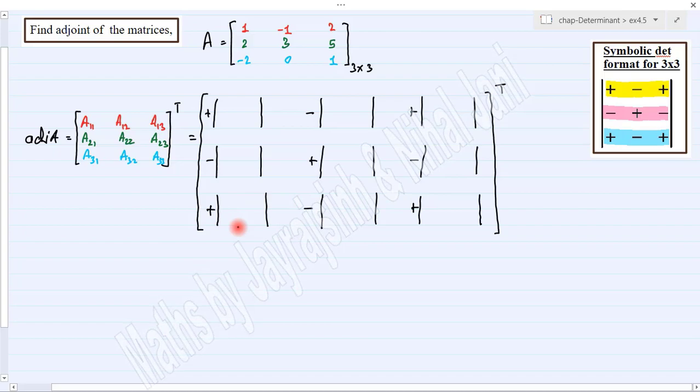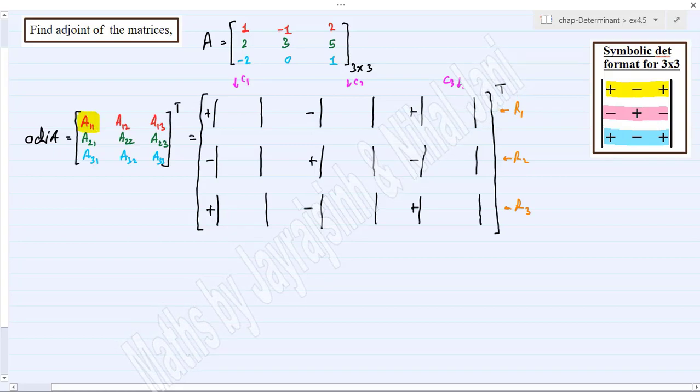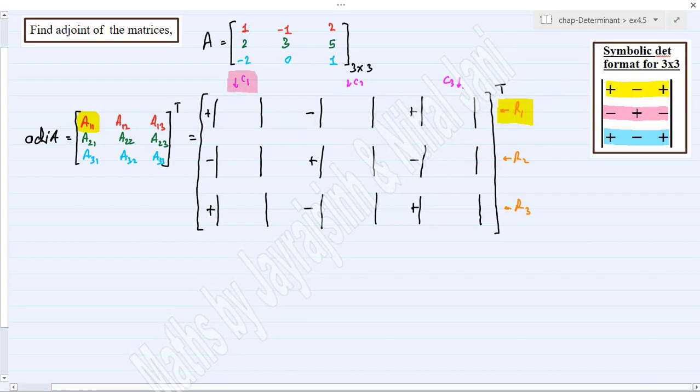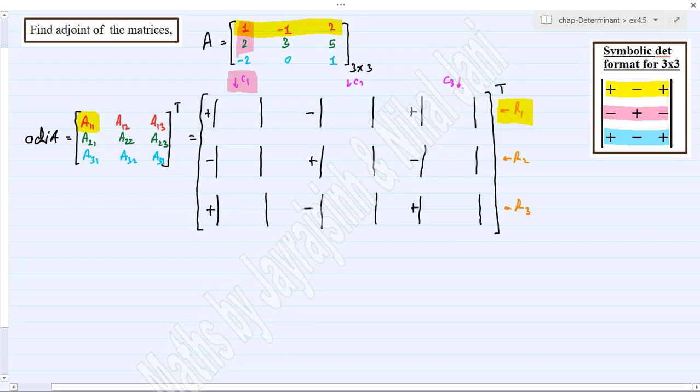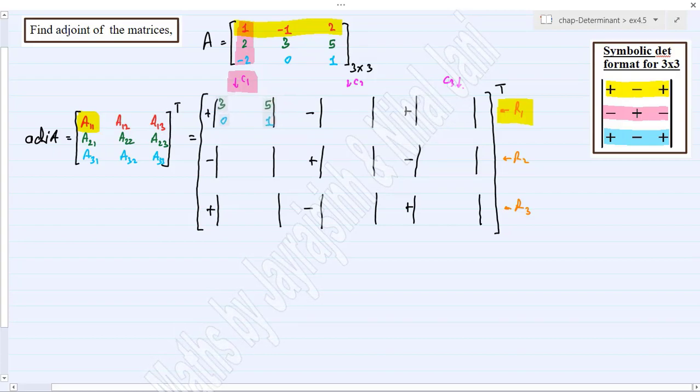Now we just have to find out minor of respective elements. Now first of all, we have to find out minor of 1 1, which is in first row and first column, and for that you have to ignore first row and first column. So we get the elements of minor of A11.